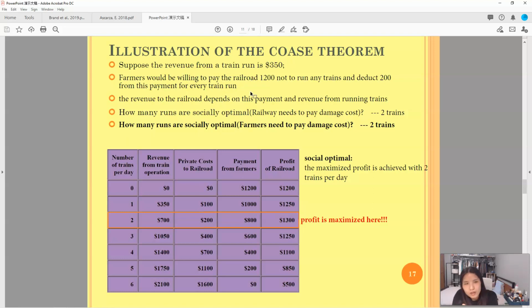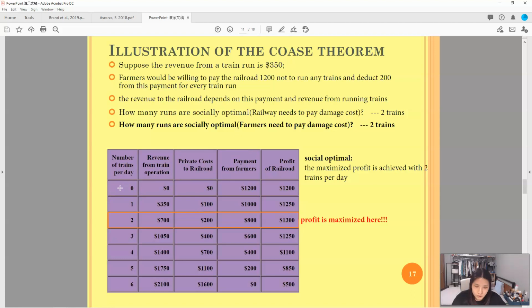So, because the railroad company can receive the farmers' payment, they can also receive the revenue from train operation. Then their total revenue would be the sum of the train operation and the payments of farmers.